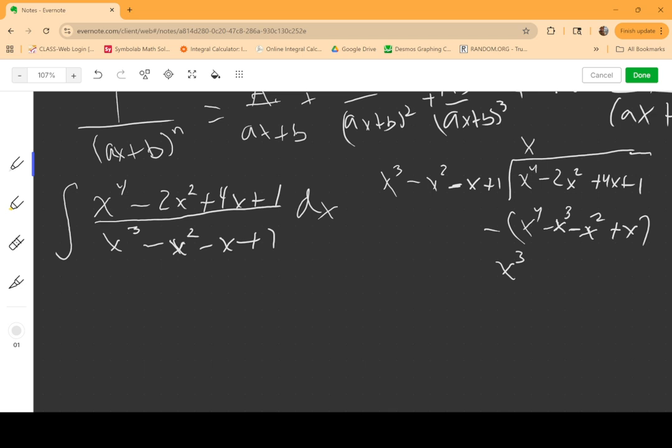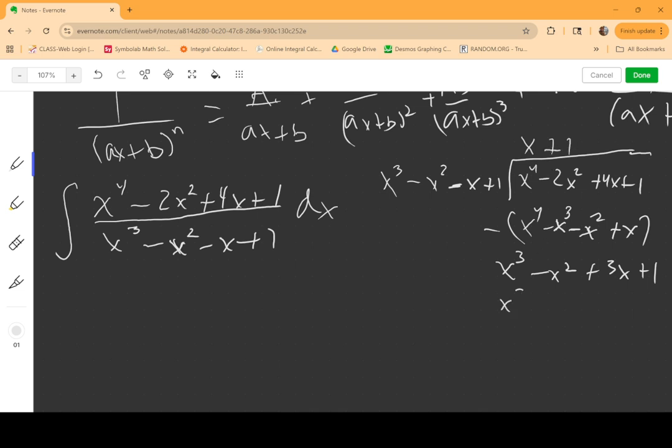Okay, so here, now I got it right. So that becomes plus x squared and a minus 2x squared, we get minus x squared, and then minus x plus 4x, we get plus 3x, and then we just bring down the 1. And I can do this one more time. I can match up the x cubed by just multiplying by 1.